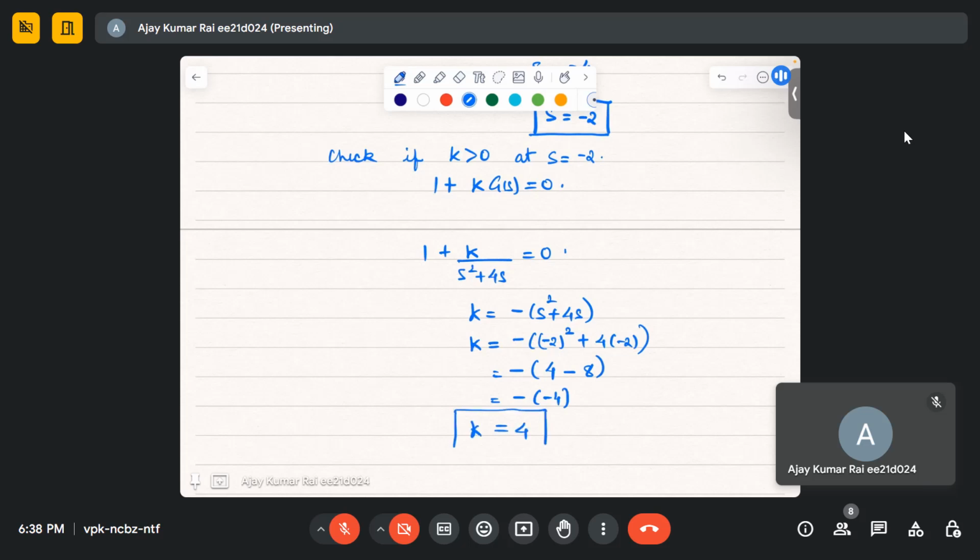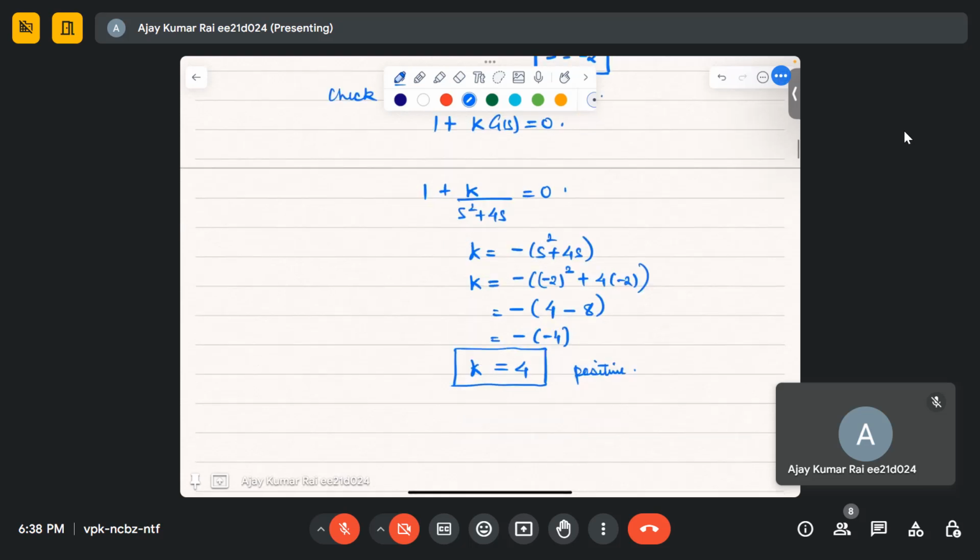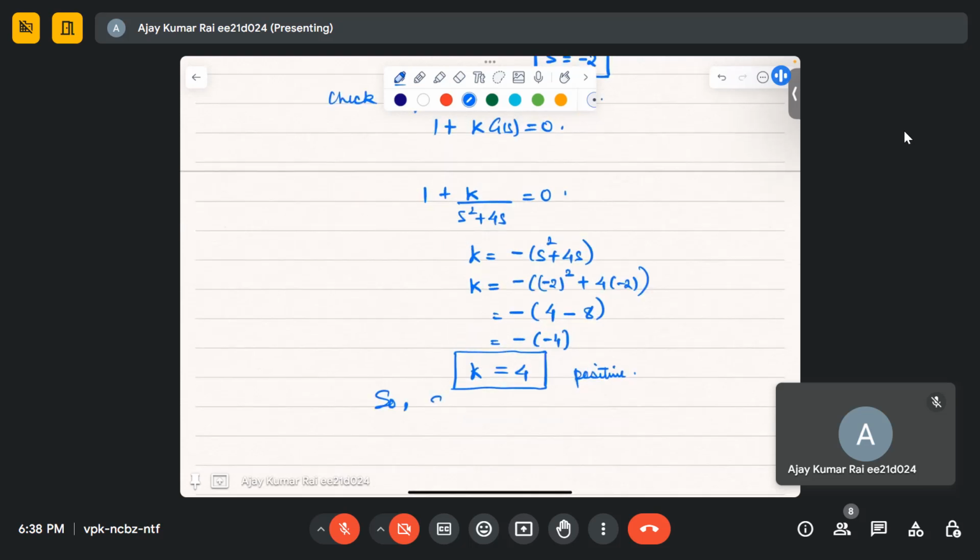So k is positive, right? We know k should be greater than 0, and we are getting k as 4, so this is positive. So s equal to minus 2 is the breakaway point. We are just confirming it.